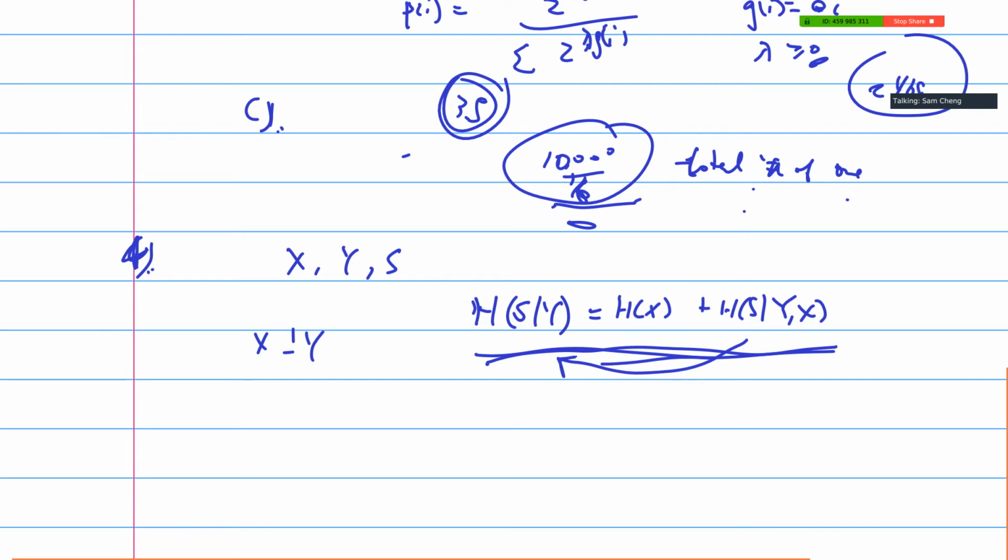So this is H(x|y), if I move this to the other side, equal to H(s|y) minus H(s|y,x). So it's equal to H(x) here. Now I can rewrite this in the other way, so that I can write this as H(x|y) minus H(x|y,s), right?